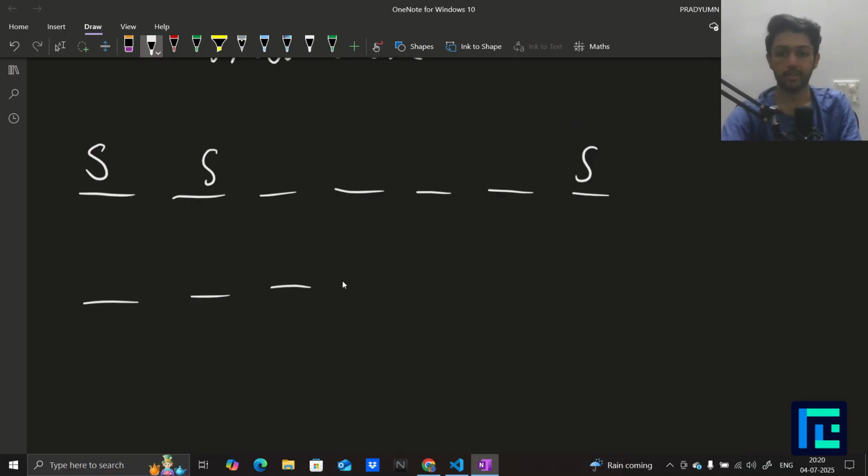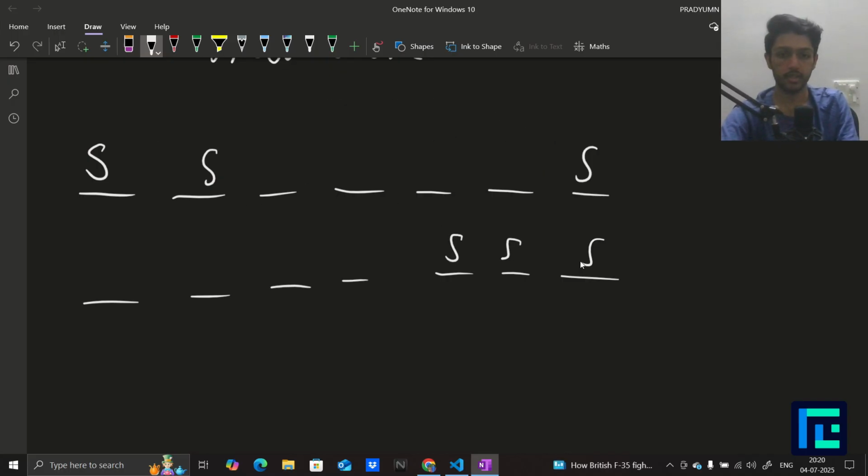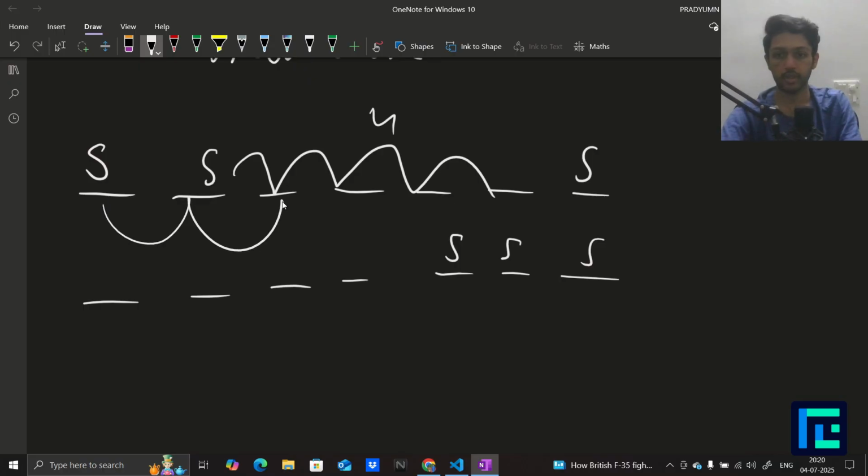One possibility is that I bring these two sheep there. In that case, what is the answer? If the final state is this, then this sheep moved 1, 2, 3, 4 times, and this sheep moved 1, 2, 3, 4 times. So the answer would be 8 in this case.